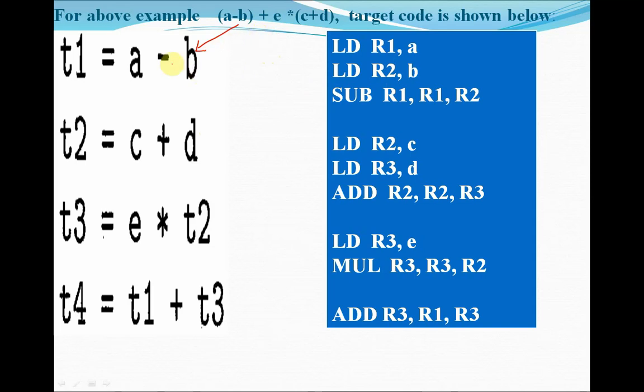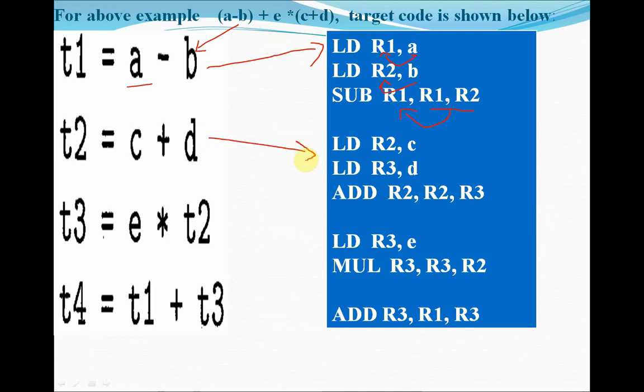And see here the translation process. T1 is translated into this form: load A into R1, load B into R2, thereafter subtract R2 from R1 and store the result into R1. So this is completed.